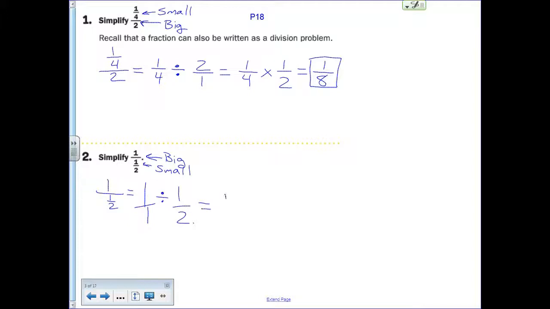We would keep 1 over 1, change division to multiplication, and then flip 1/2 over so that it is 2 over 1. So basically we end up with 1 times 2, or just 2 over 1, or even 2 as our whole number answer. So as long as you do all right with dividing fractions and remember to keep, change, flip, these are not as complex as they look.